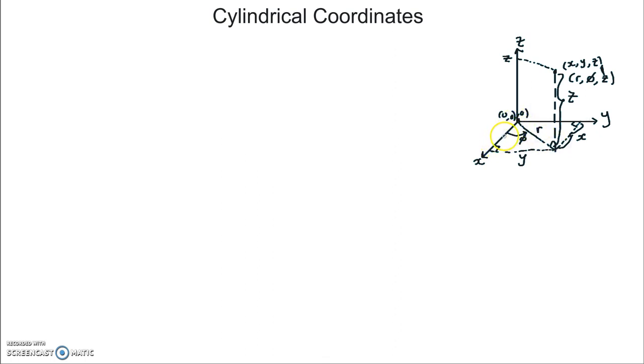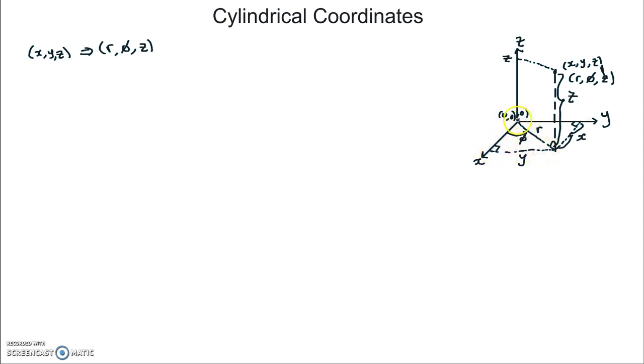So how can we convert from one coordinate system to the other? So let's say we want to go from x, y, z to r, phi, and z. So z remains unchanged, so we don't have to worry about it. So what's the relation between r and x and y? So if we look at one of these triangles here, we said this side here is y.